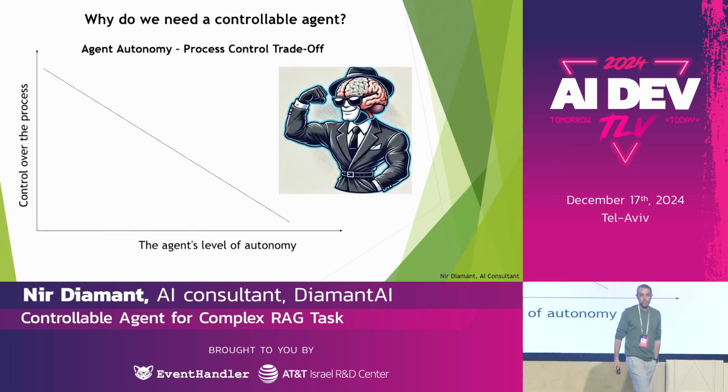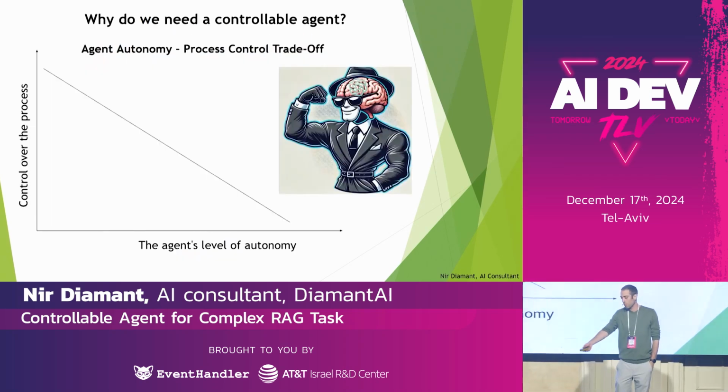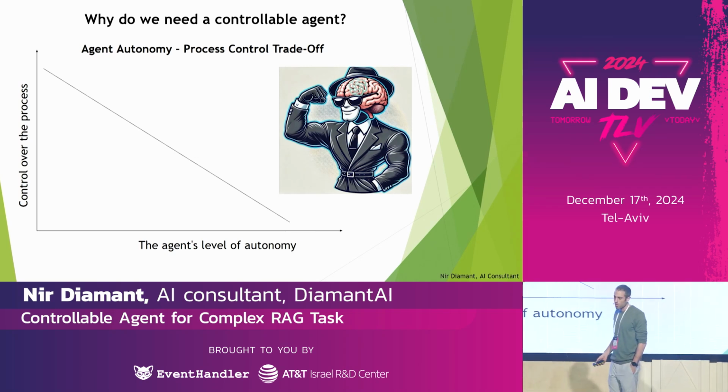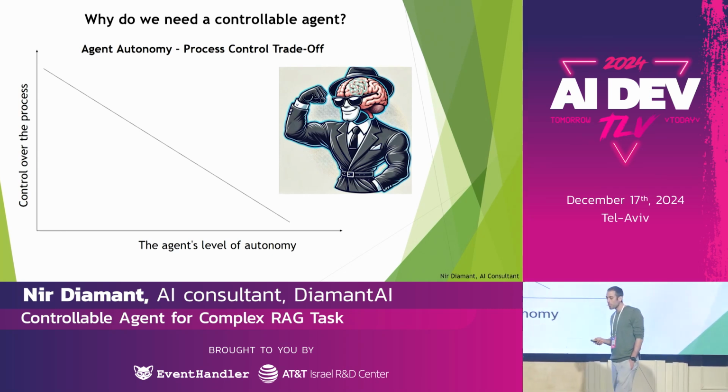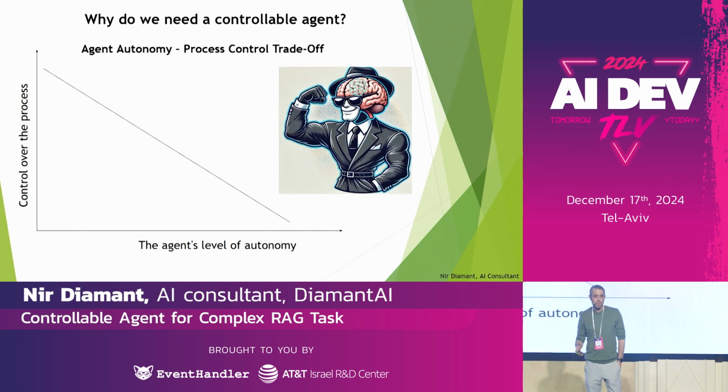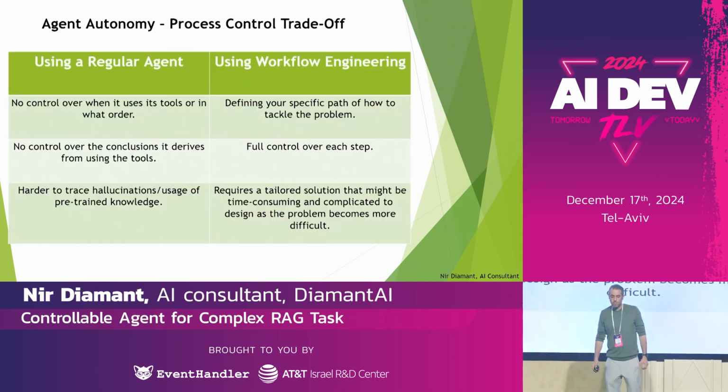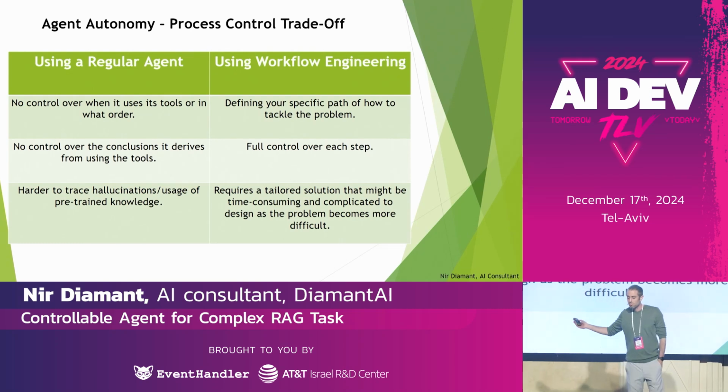This graph, which I made, gives you the intuition of the trade-off we have to pay between the level of autonomy the agent has and the amount of control that we have. The more autonomy the agent has, the less control we have over it. The trade-off is described in this table.